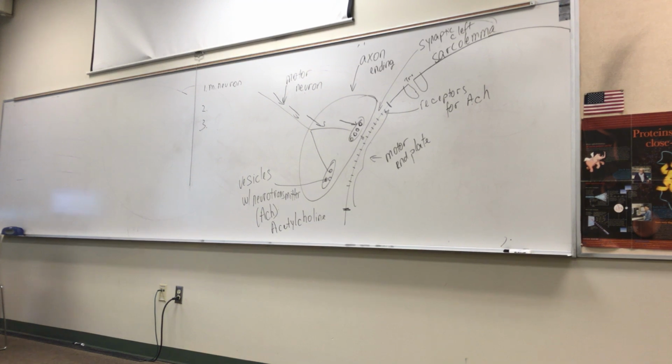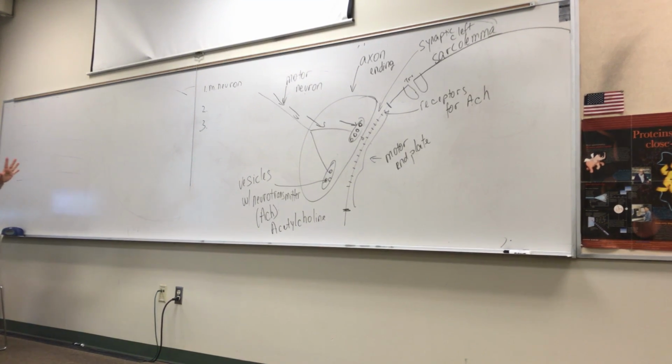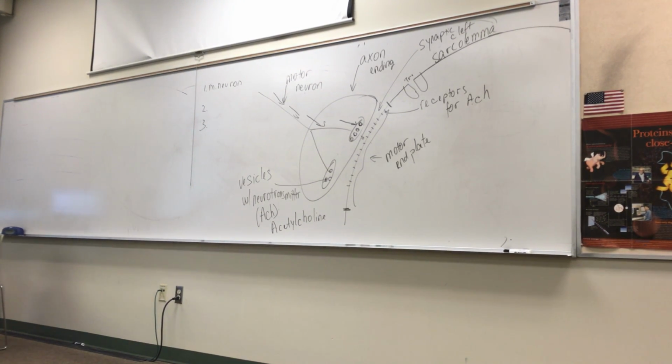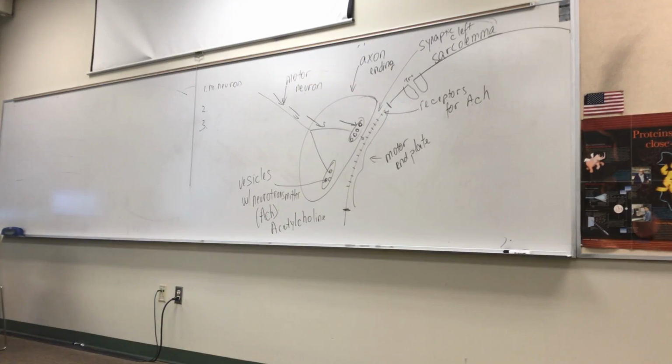Okay? So what I want you guys again to understand is that you have to know the components of the neuromuscular junction, the three components. List them again. Number one, what do you say? Motor neuron, okay. What specifically, which part of the motor neuron? Axon ending. What's important for us to know about the axon ending? What does it contain?